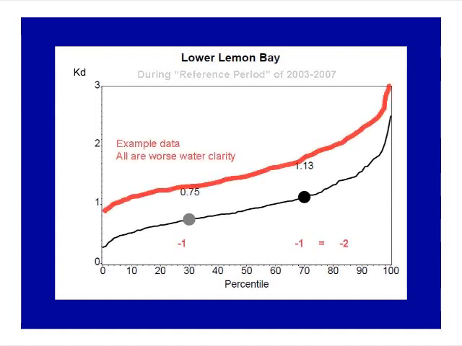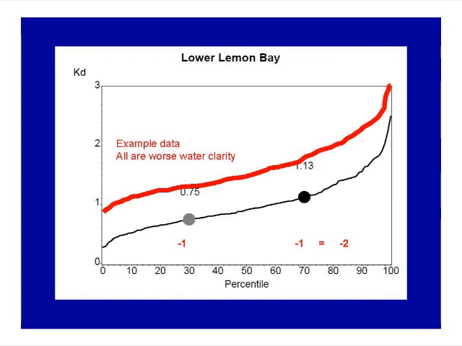Now we're taking individual year's data and we compare it to this reference period. And so here's the made-up data, and all of these data are a lot worse. This would be really dreadful. But by the 30th percentile of our made-up data being higher in KD, or worse water clarity, we give that a score of -1. Over here by 70th percentile, this one's worse also.